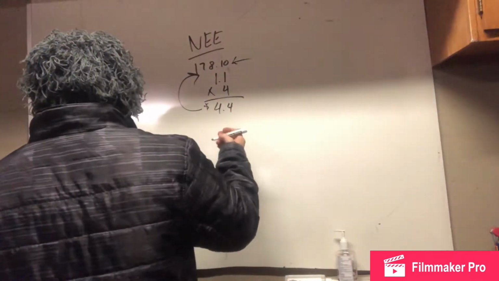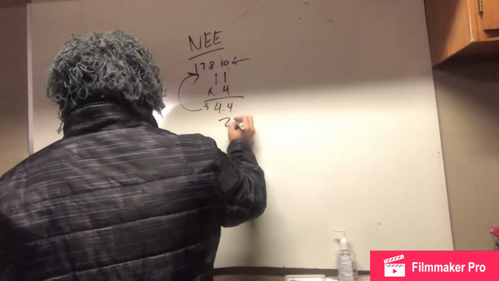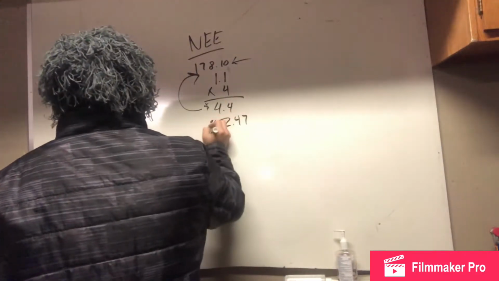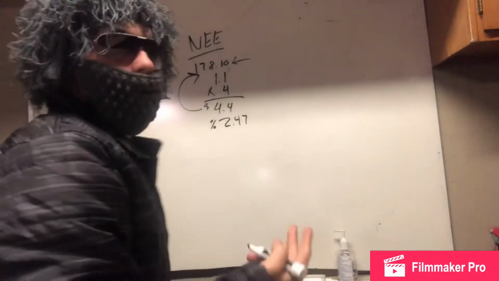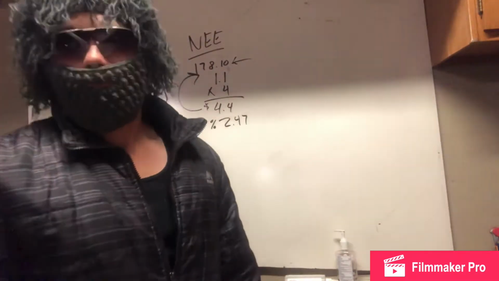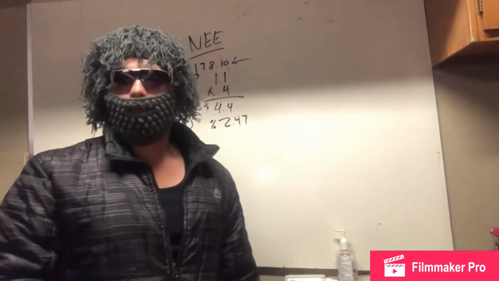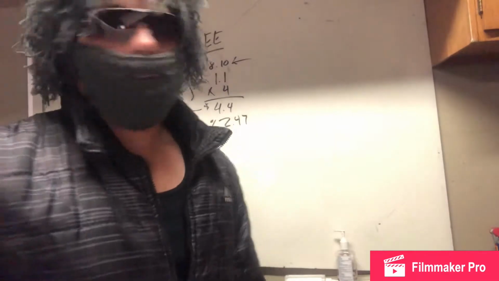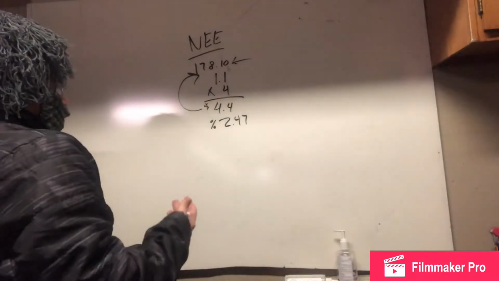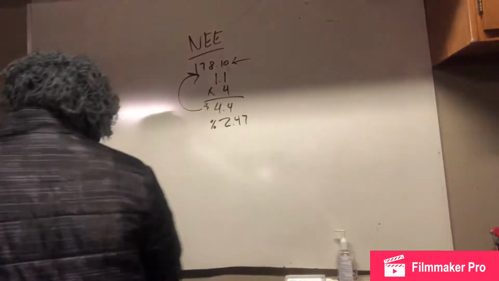So in this case, your yield on cost is 2.47% if you were to buy it right now. Most dividend investors wait till there's a dip, and then you buy the dip, therefore increasing your yield on cost. That's basically it. If you guys want, we could go over another one real quick.